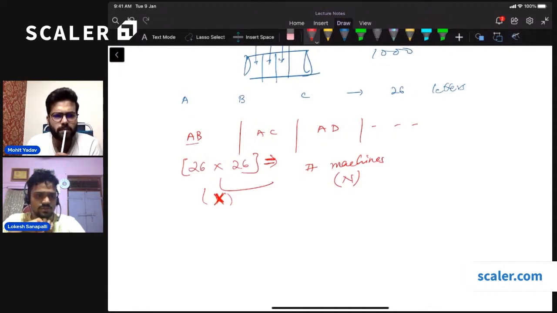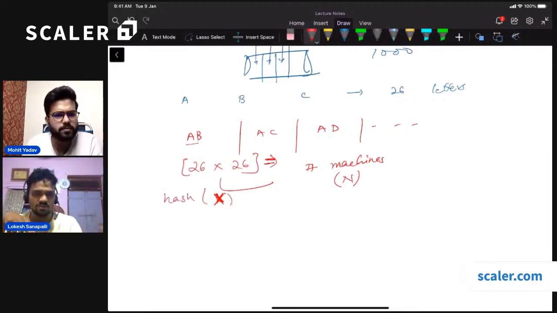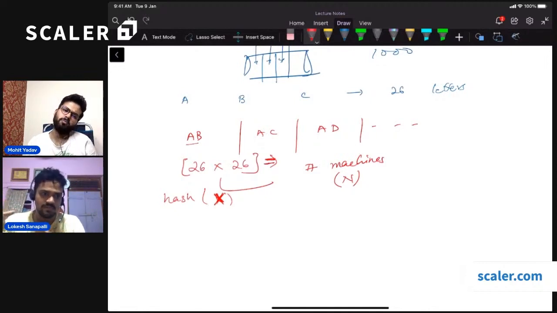So basically we'll not store all those prefixes in one machine, but we'll determine that words starting with prefix AB or AC, AD, and so on, some K number of prefixes, will be stored in one machine. Like that we'll store in multiple machines.